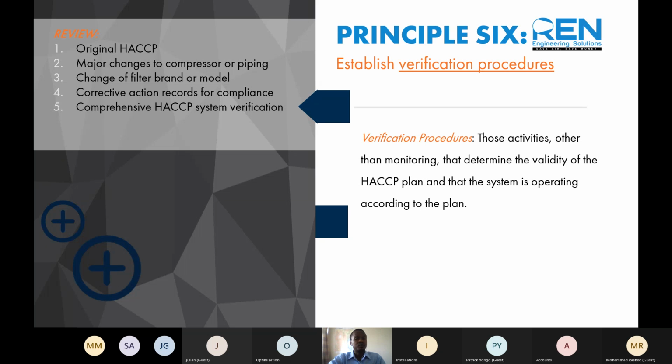You should also review your plan when corrective actions are taken. So it's very, very critical that verification is done to ensure that the HACCP system is functioning according to the plan.